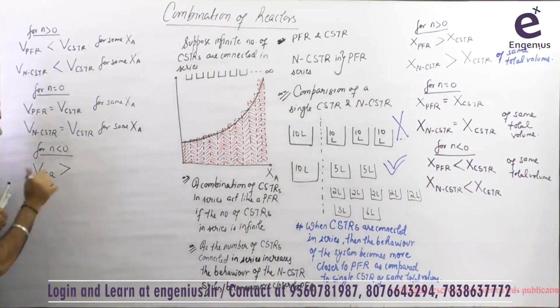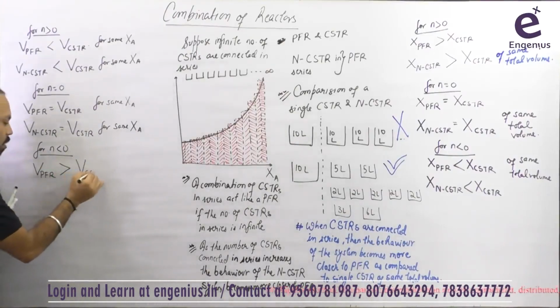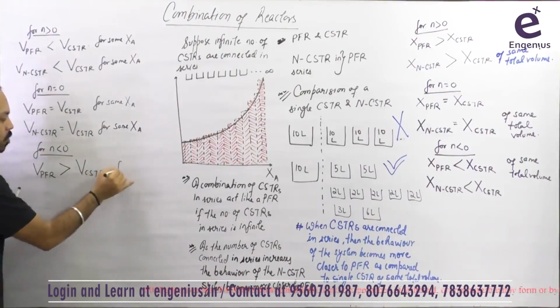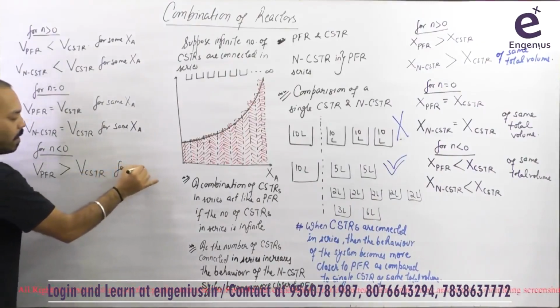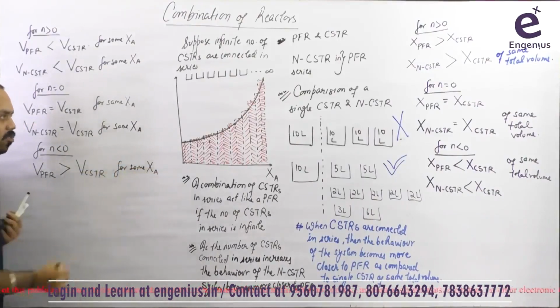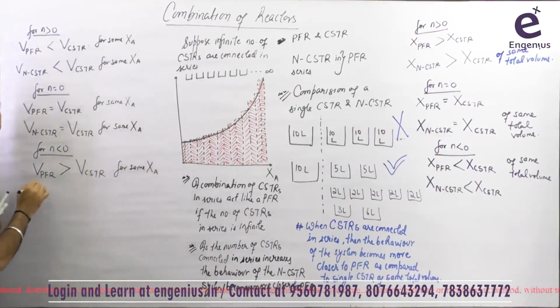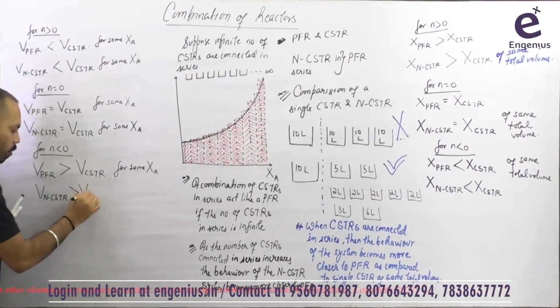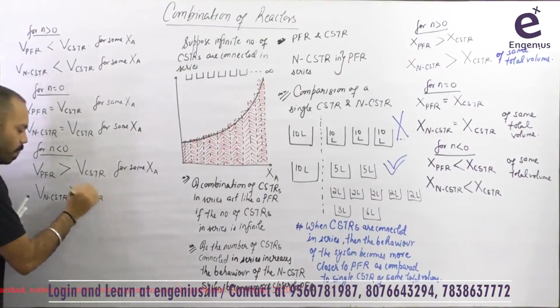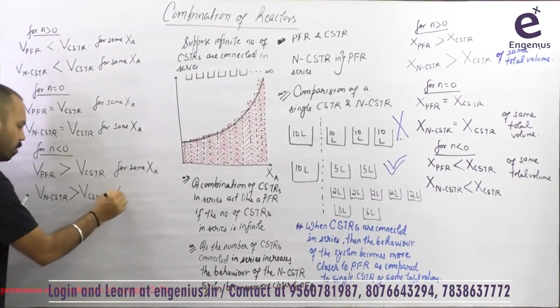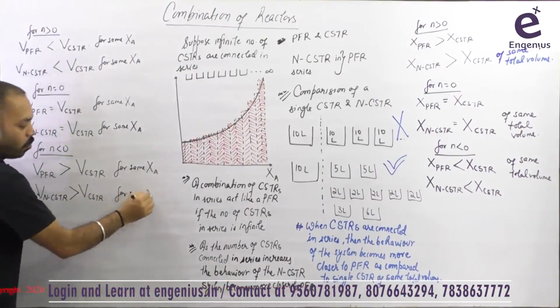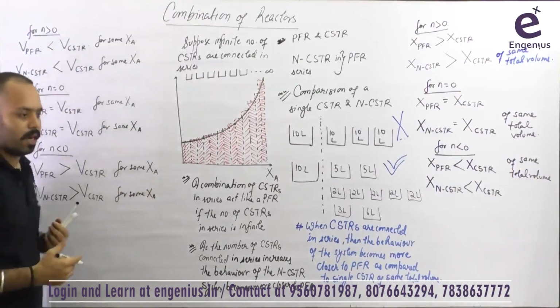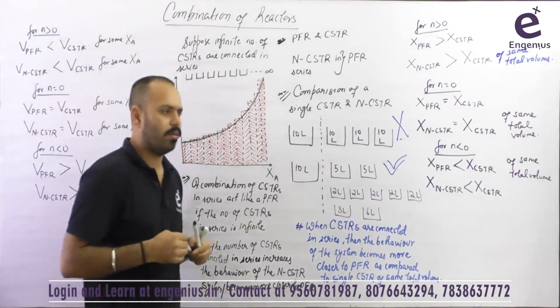So PFR was greater than the volume of CSTR. Adding a point for same conversion. So same point I can write here for the case of multiple reactors connected in series, that volume required by the system of NCSTR will be definitely greater than the volume required by a single CSTR, and therefore for same conversion. Fine.